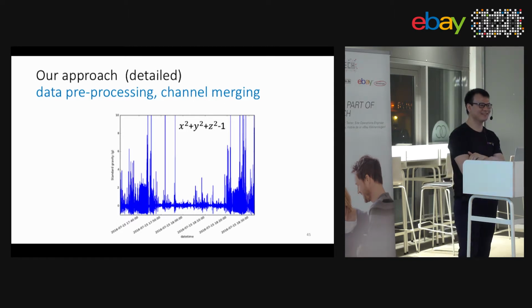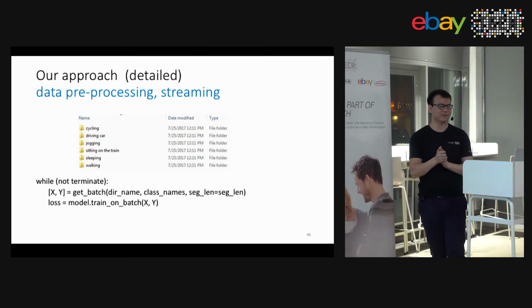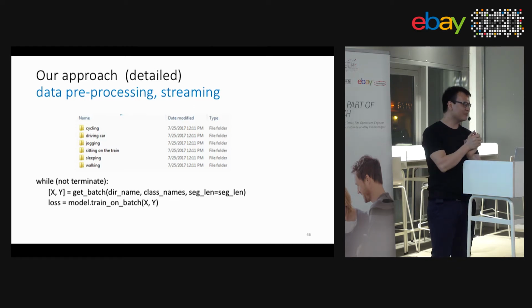Can you imagine? Okay. The next step is called streaming. What does streaming do? We need to do streaming in a situation where my data set is big and does not fit into my memory.